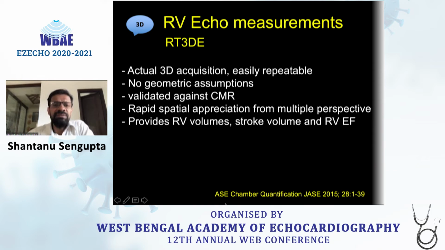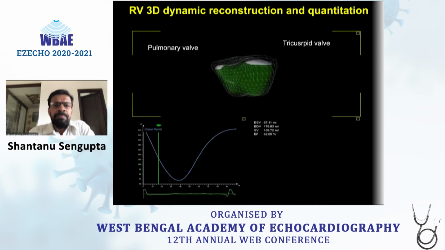Now, the RV assessment doesn't stop here, and we should have an actual 3D acquisition of the RV. The recent machines give you pretty good RV volumes, RV ejection fraction, and stroke volumes, which gives a good representation of all the variables. This is one of the dynamic reconstructions we have got from one of the machines.